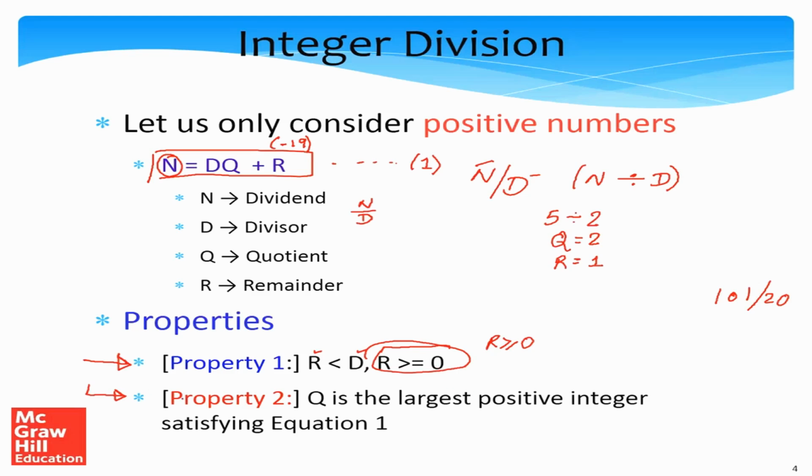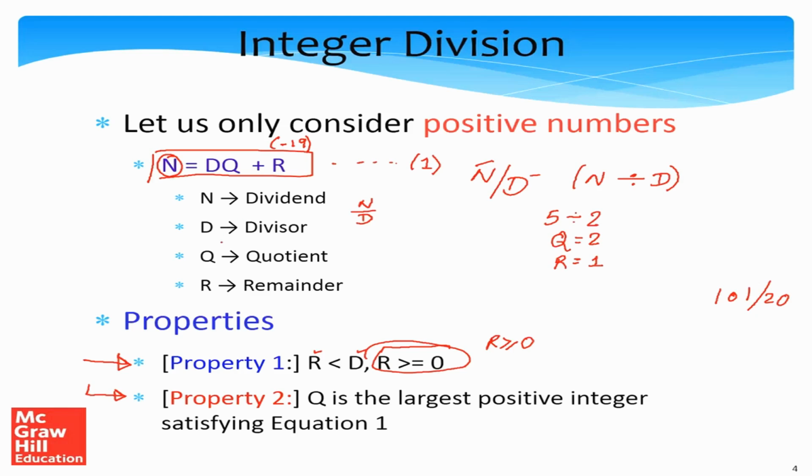Both of these properties are otherwise obvious, but it's nice to write them down, because any division algorithm has to obey both of them. These are also sufficient properties, not necessary, but sufficient. We need to find q, the largest positive integer which satisfies the equation, and also property 1 needs to hold, where r is less than d and r itself is greater than or equal to 0.